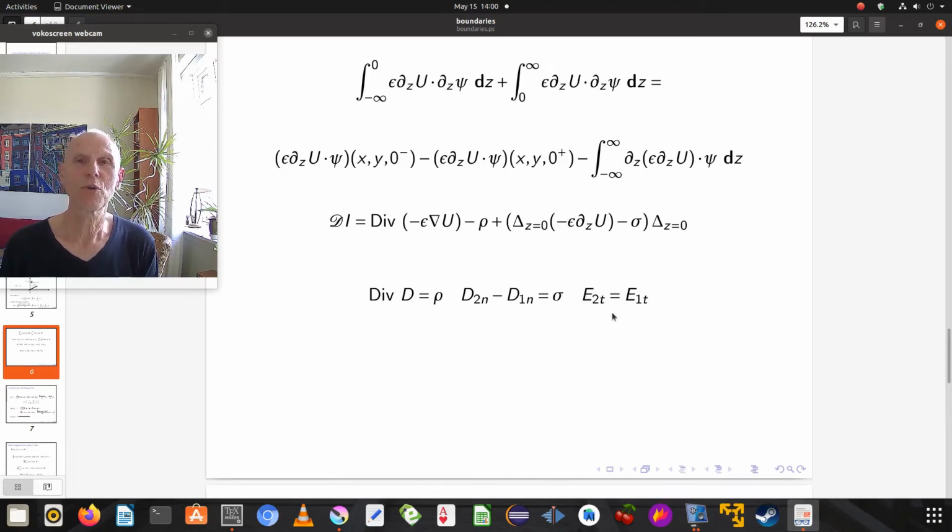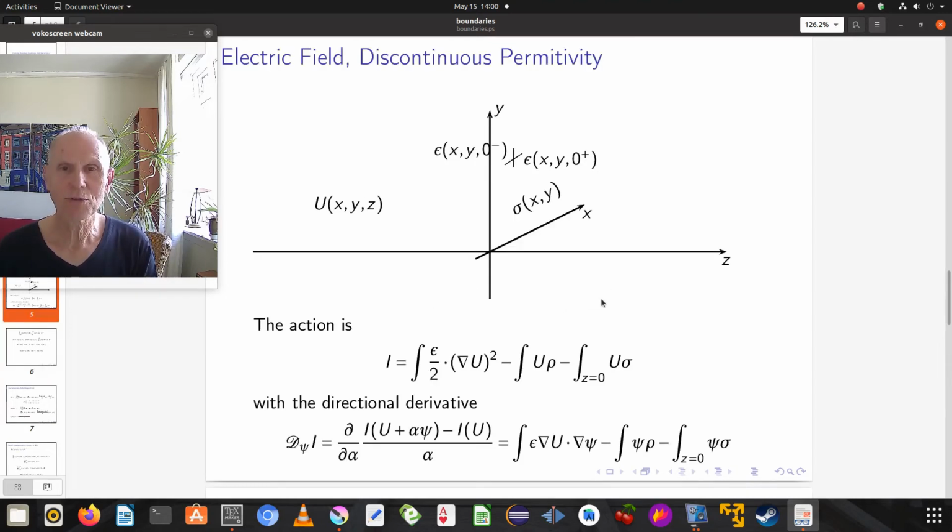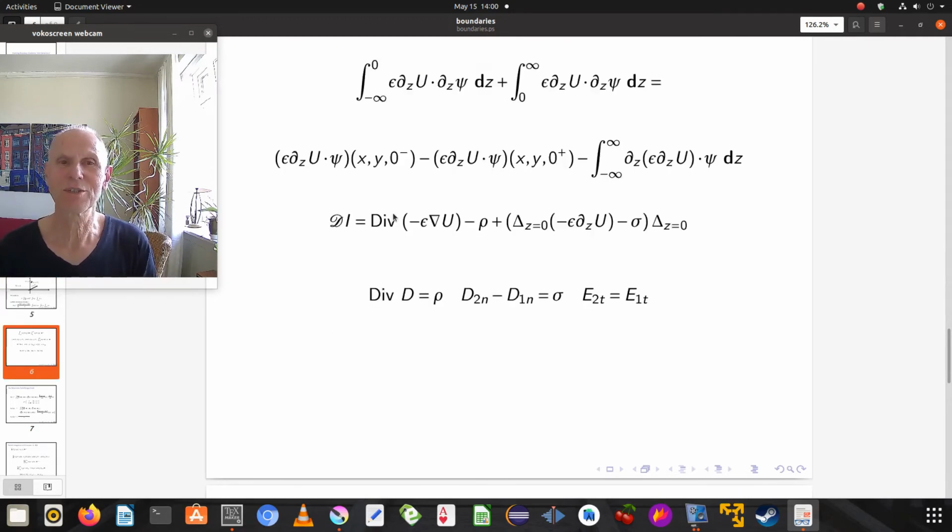That was surprising, but there's a good reason for it. It follows simply because we derive the field from a potential. So that shouldn't come as a boundary condition, it comes as a mathematical consequence.